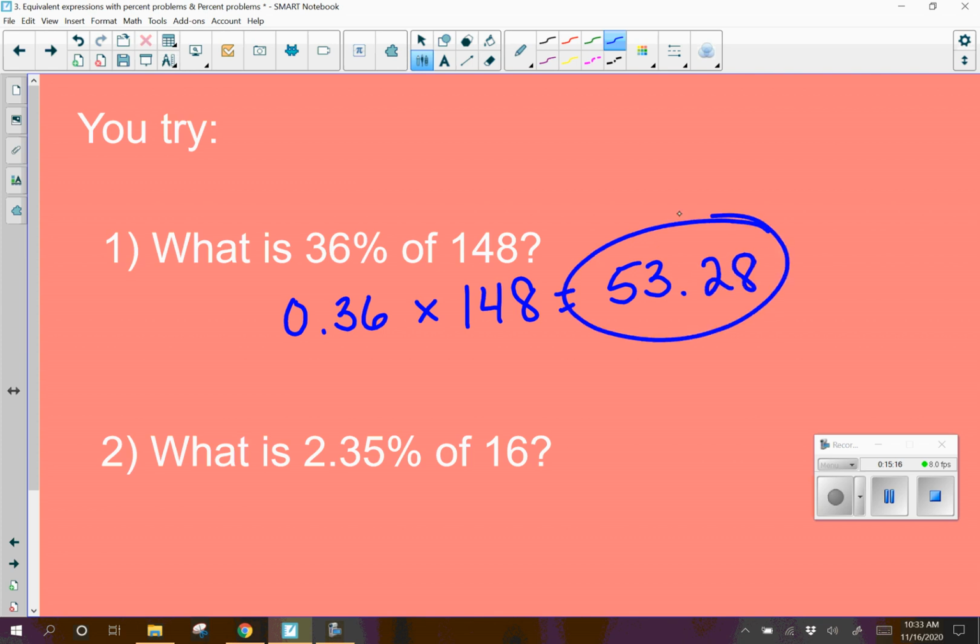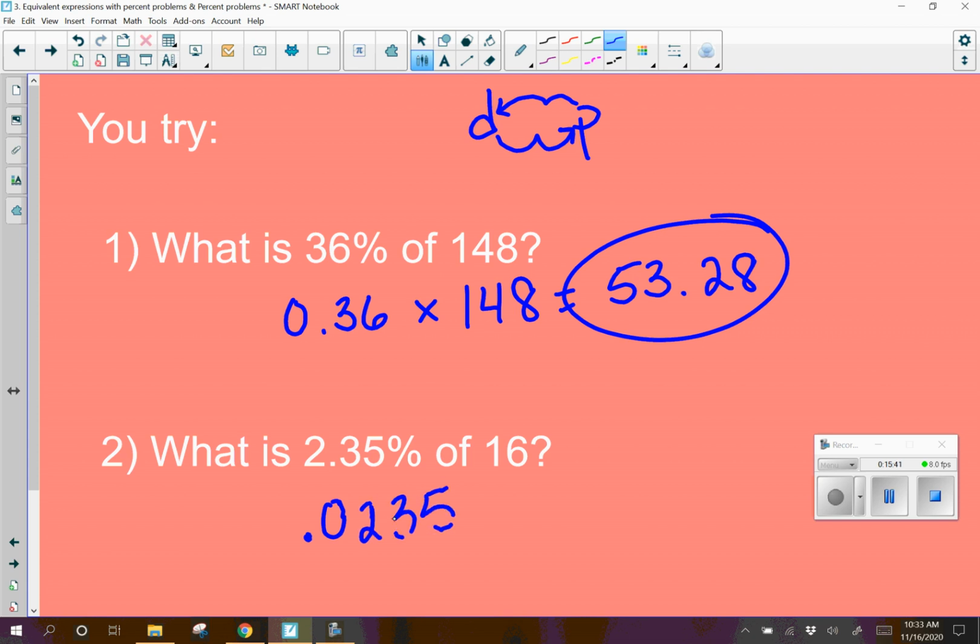And then the next one, if I were to convert 2.35% to a decimal, remember that little trick? To go from a decimal to a percent, we scoop 2 places to the right, and a percent to a decimal 2 places to the left. So I'm going to scoop this 2 places, which means we're going to end up with an empty scoop that we have to fill with a 0 as a placeholder.